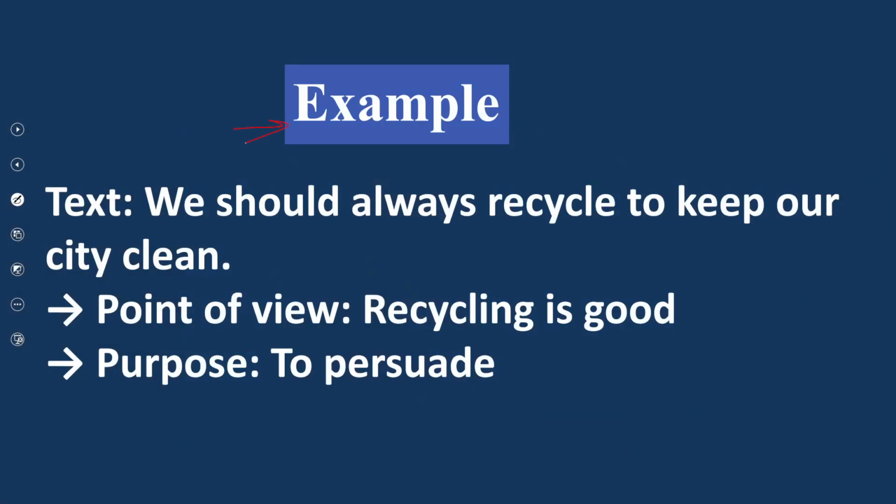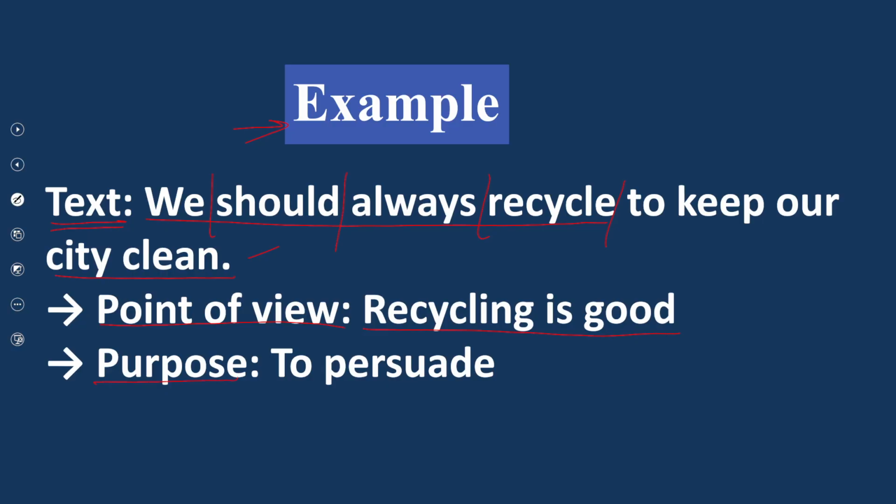Now, look at the example. Here is a text: we should always recycle to keep our city clean. Yes, we should. Keep in mind the words: should always recycle different things which are used in the city to keep our city clean. So, first of all, we get the point of view from this text: recycling is a good thing.